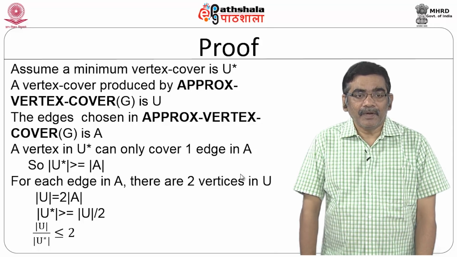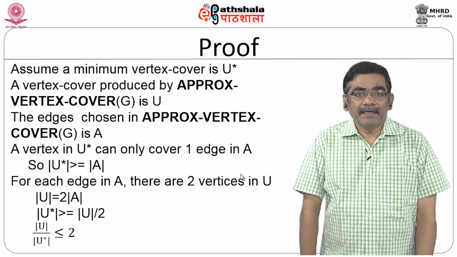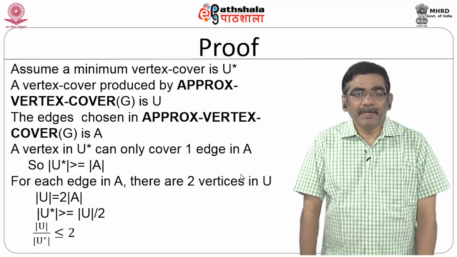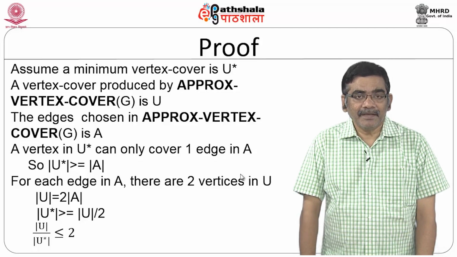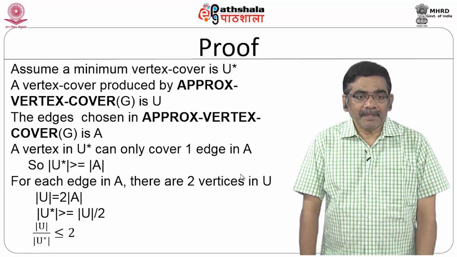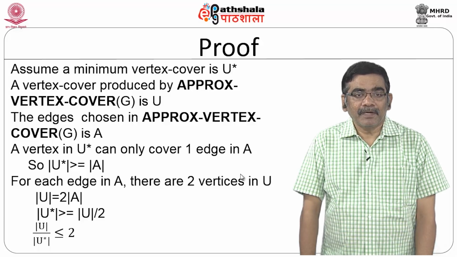Fine. What is the proof of that? Let us assume that the minimum vertex cover is u asterisk. Let us assume that the approximation algorithm that we designed so far is returning a value of u.